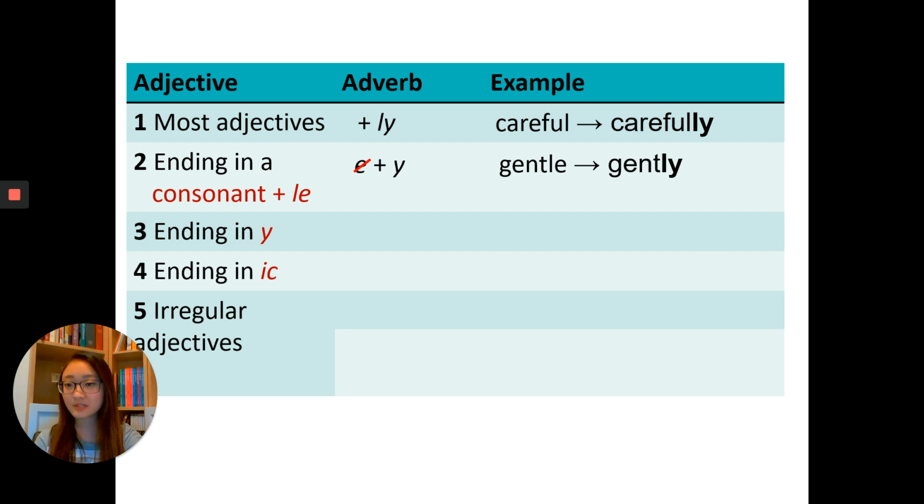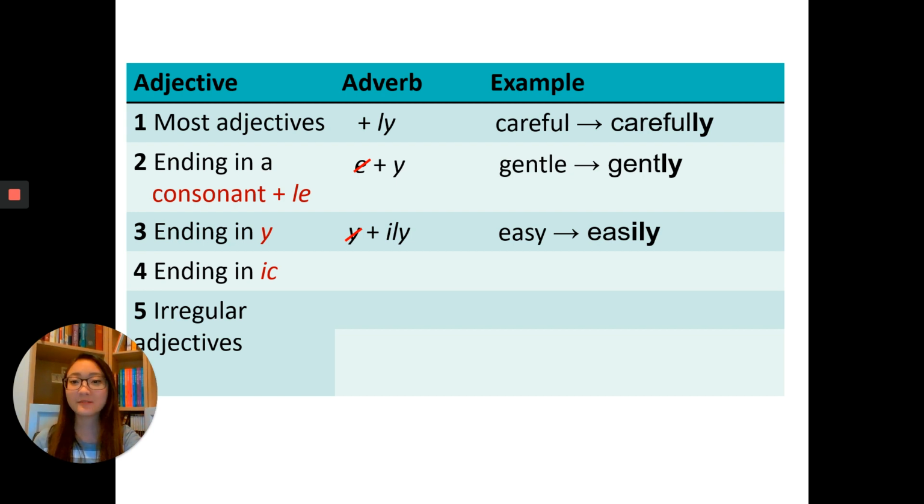Number three, if you have an adjective that ends in Y only, it doesn't matter what is before it, as long as it ends in Y, we are going to cancel the Y and then add ILY. So for the adjective easy, cancel the Y, add ILY, and you have easily.